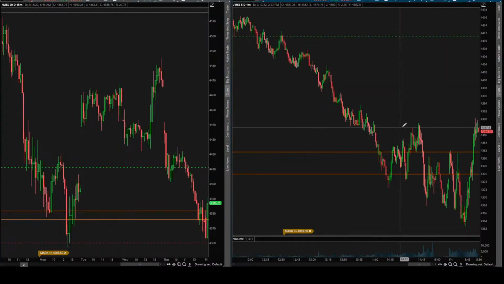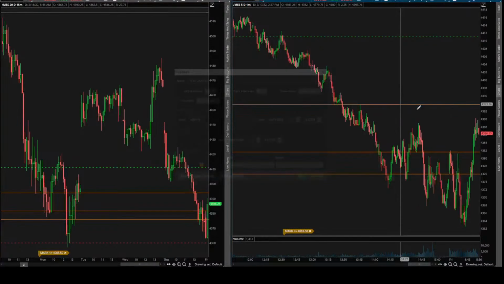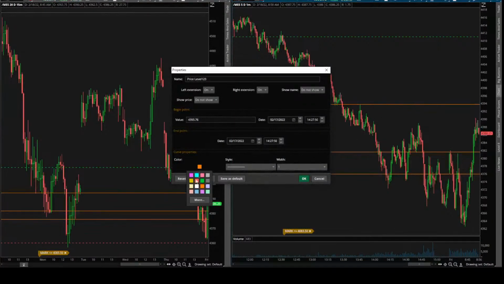Pushing above this node. Let's see. Yeah, first battle is going to be this 94 area, getting up above that. Make that yellow. Be mindful of that.